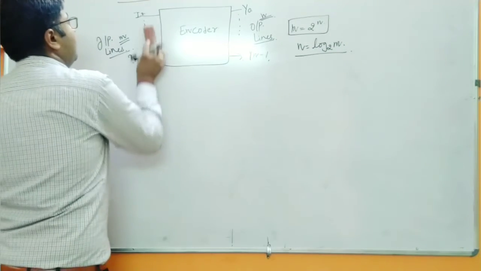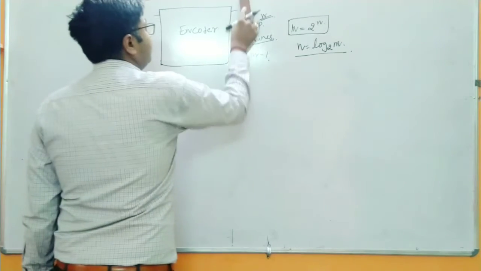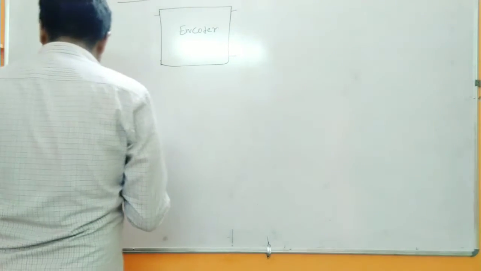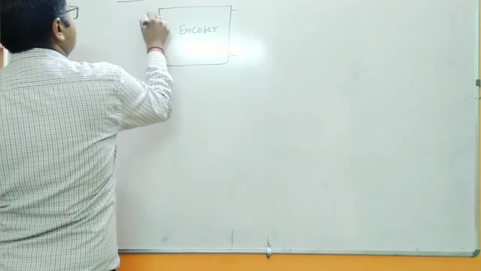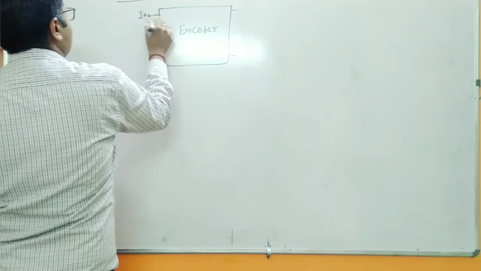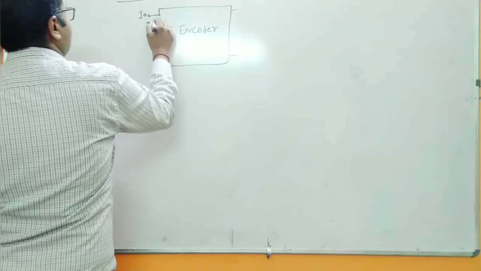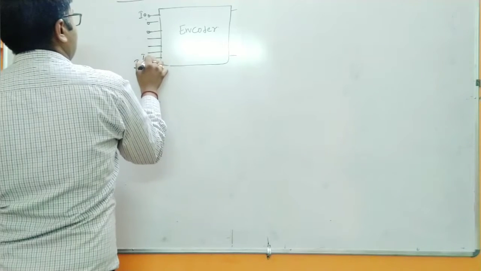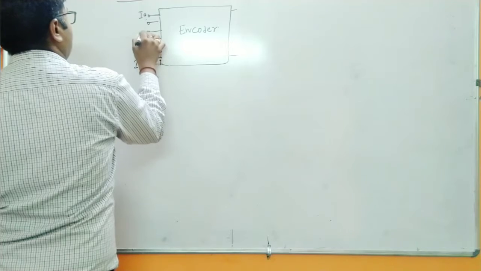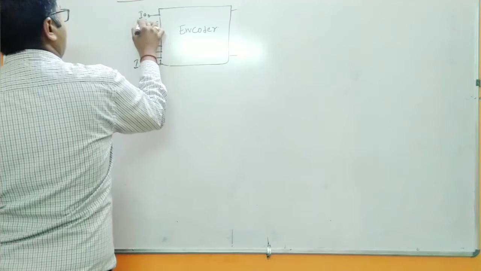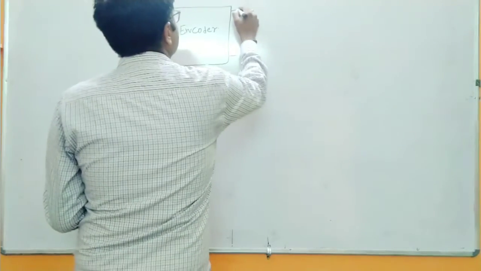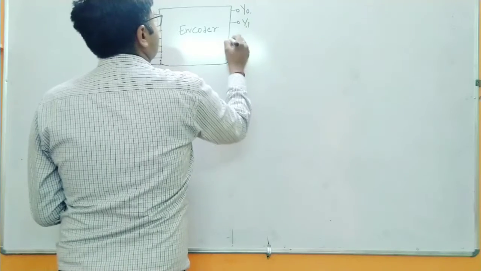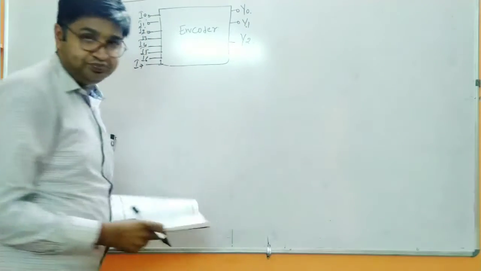Now, as we understood, it is octal to binary, so there will be 8 input lines available here, I0 to I7, and the number of output lines is 3: Y0, Y1, Y2.